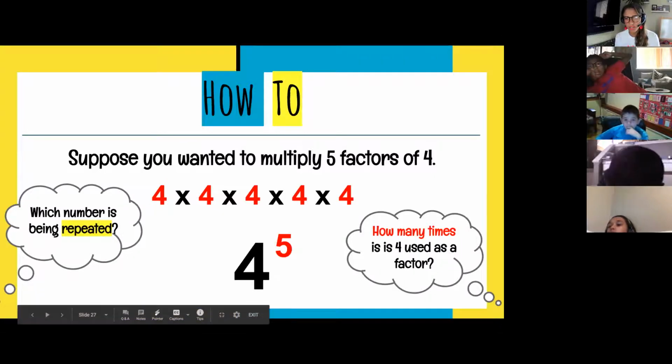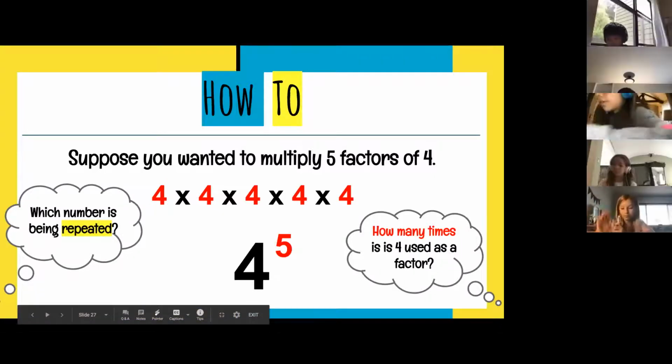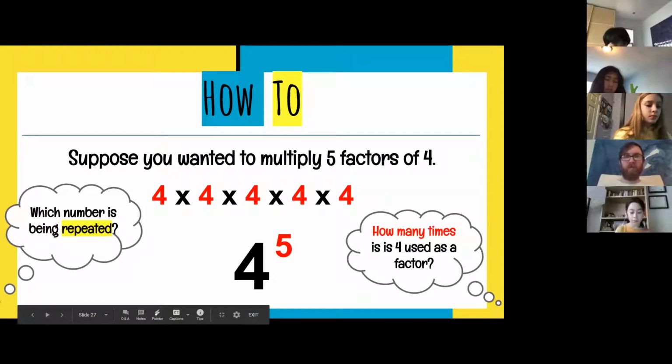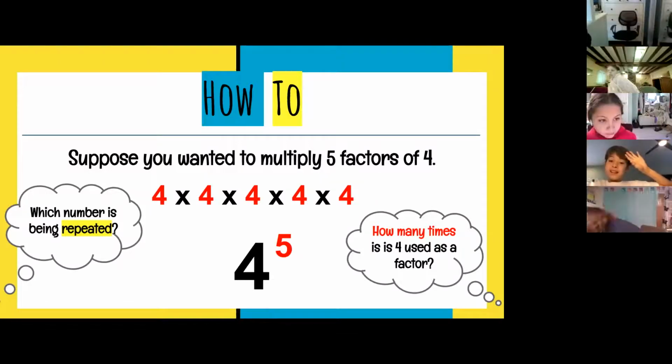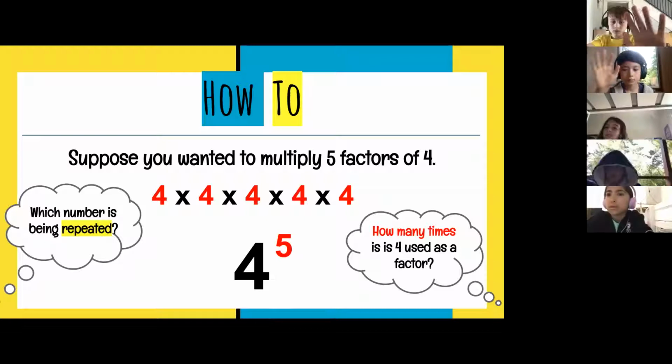What's a factor? We just said it. Julian, what's a factor? A factor is the number that you multiply to get a product. Correct. 4 times 4. So do you see us multiplying by 5 anywhere in that equation?